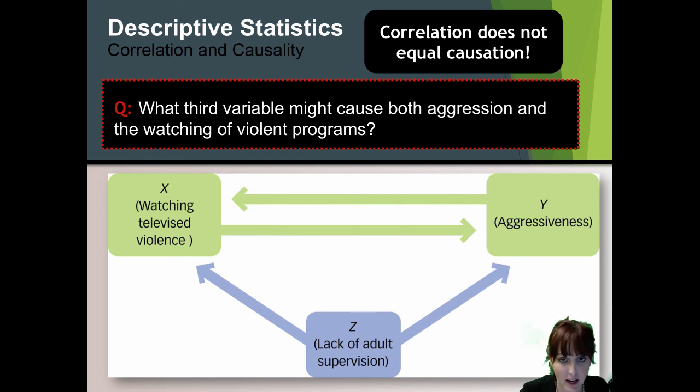If any of you can think back to when you were a child and your parents left, you were like, yeah, finally get to watch Saw. Or whatever it was. It was The Ring for me, I think. But you're also going to be more aggressive if you don't have adult supervision and they're not in there creating rules and teaching you social boundaries. So the third variable between television and aggression is lack of adult supervision.